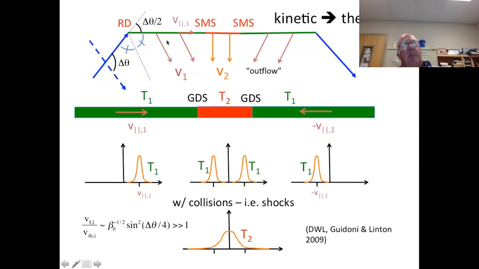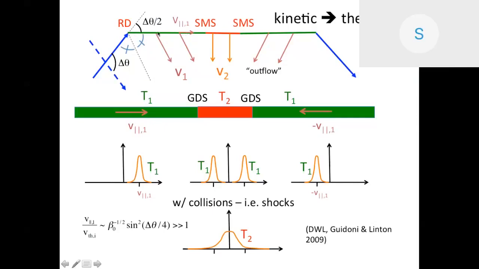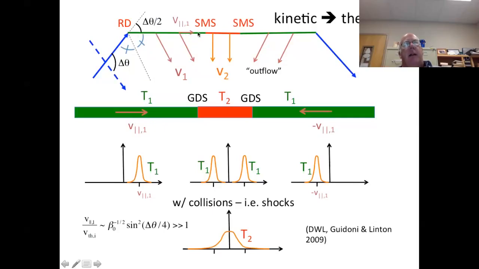And some component of that velocity is parallel to the magnetic field line. Actually it's sending plasma rightward. On the other side, it's sending plasma leftward, and those two streams of plasma will collide, and that's what creates the slow magnetosonic shocks.